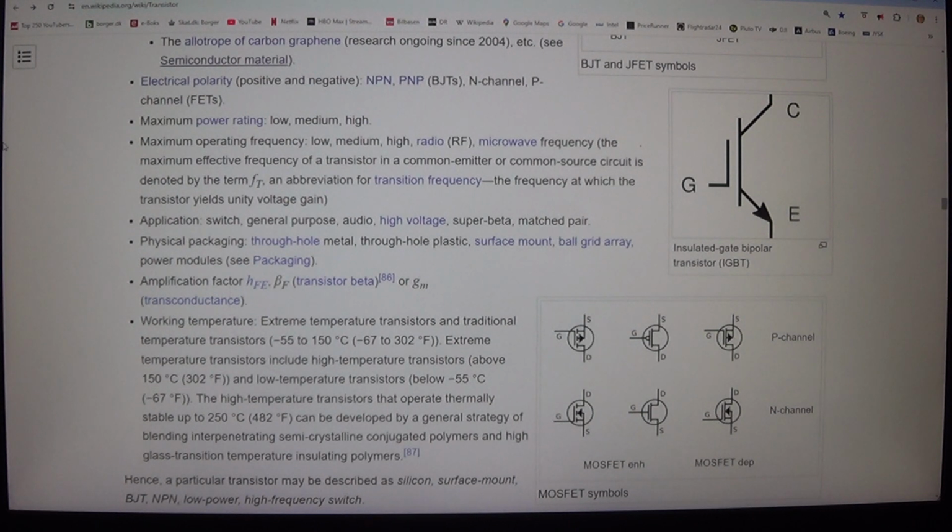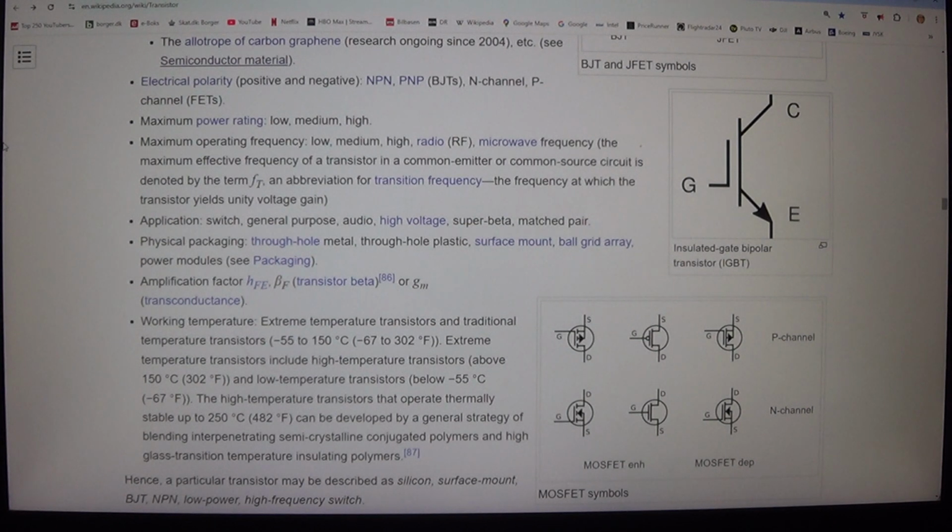The maximum effective frequency of a transistor in a common-emitter or common-source circuit is denoted by the term fT, an abbreviation for transition frequency, the frequency at which the transistor yields unity voltage gain. 6. Application: switch, general purpose, audio, high voltage, super-beta, matched pair.